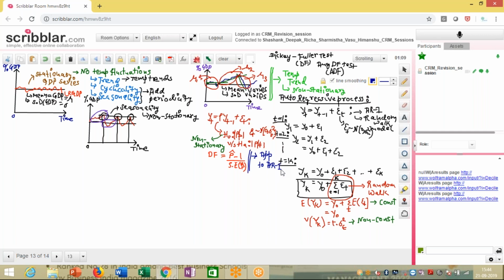But the entire idea remains the same on the whole: to test whether each of the coefficients of the K lags is equal to 1 or not, right? So if you see that there is a coefficient which is 1, you know that the time series equation itself is non-stationary.